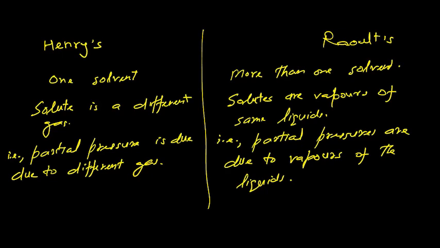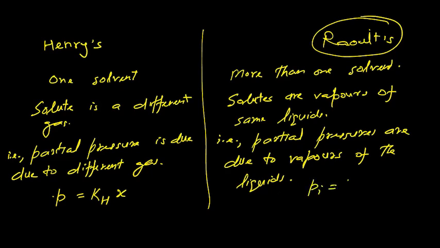Raoult's law, in one case, relates the partial pressure with the mole fraction in the liquid, and in another case, the partial pressure with the mole fraction in the vapor phase, both. So here it is P1 equals KH x1 or P equals KH X. In case of Raoult's law, you have Pi equals Pi naught Xi and Pi equals Yi P total.